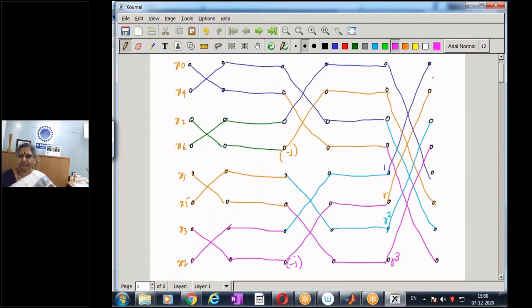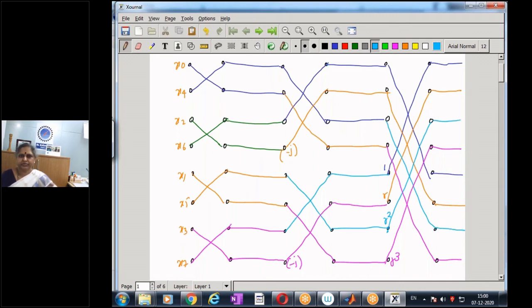And let's write the output. The outputs are all going to be in sequence. This is the orange, and say the pink, and then the blue.